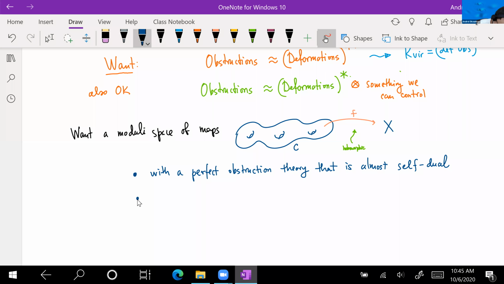And then, of course, we also want it to be compact, or in algebraic geometry we would like it to be proper. Well, it can't really be proper since X by itself is not compact.